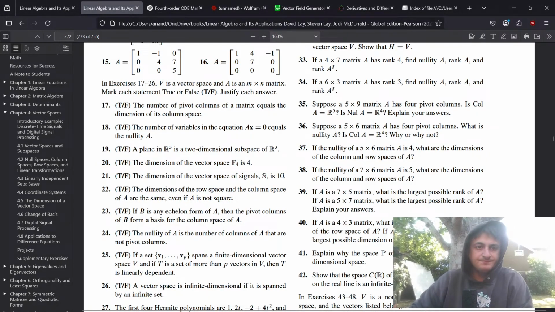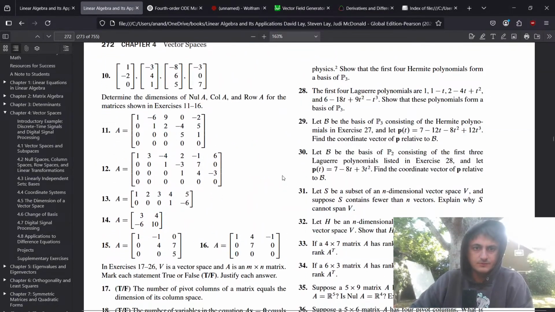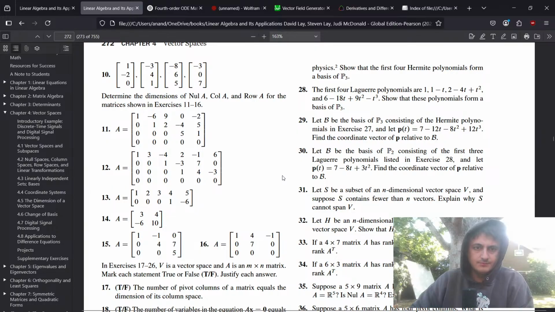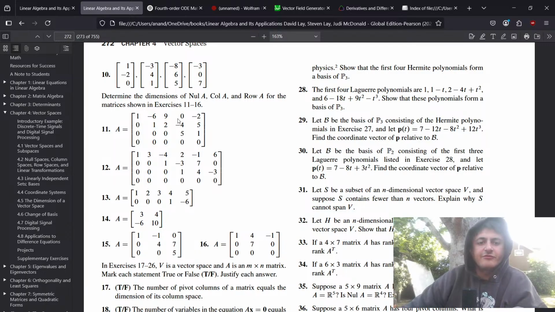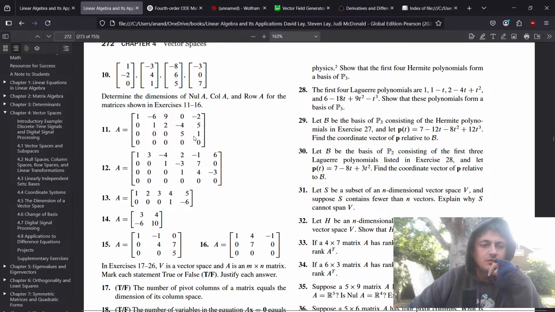Problem 11. Okay, so since it's already in echelon form, this is easy. So we have 1, 2, 3 pivot columns. So that means that the null space is the number of free variables, right? So first off, the column space, call A, i.e. the rank of A is equal to 3.